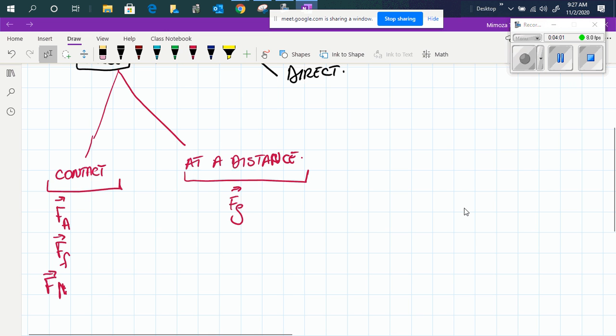Those forces at a distance exist when there is what is known as a field surrounding the object. So since we are here, let's discuss the field concept, which actually is part of the second unit, gravity. But now that we are doing a review, it kind of makes sense to do it.